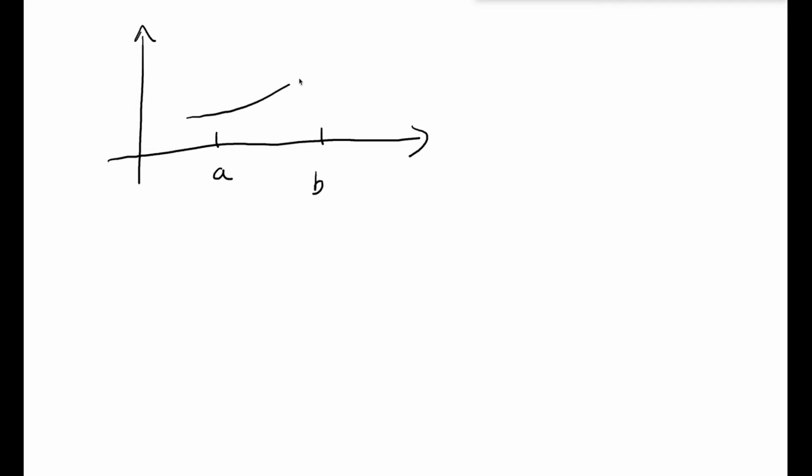So if we have a continuous differentiable function between a and b, and we construct the chord, the gradient of that chord. I'm going to make this a bit bigger.